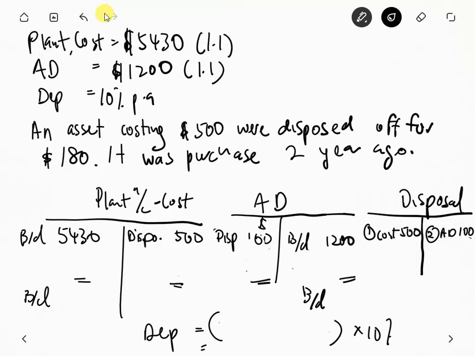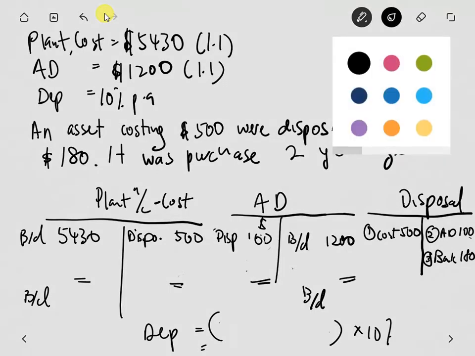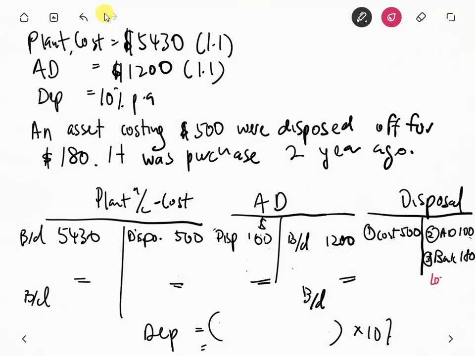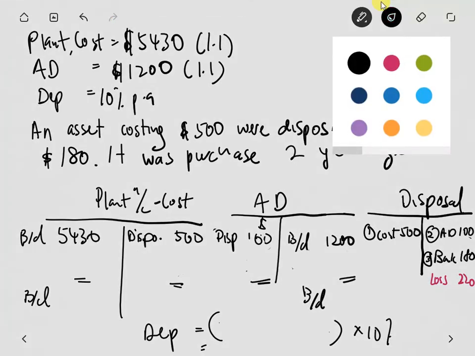Net book 400, I sell it for. Step 3, bank. Gain or loss? Disposal done. Do I have remaining asset?